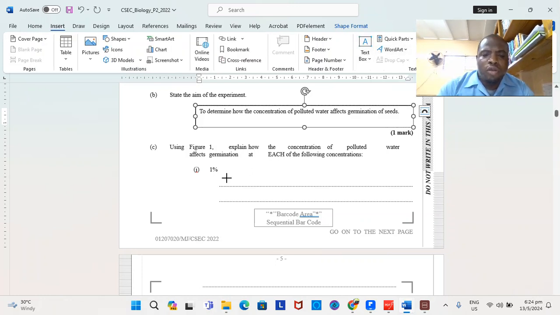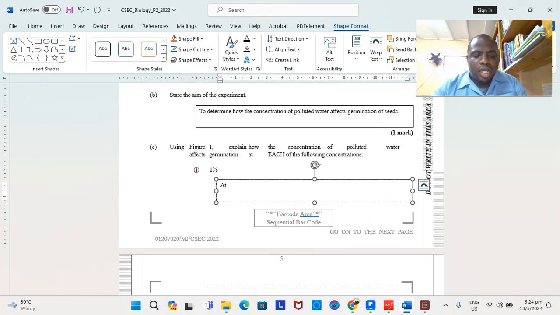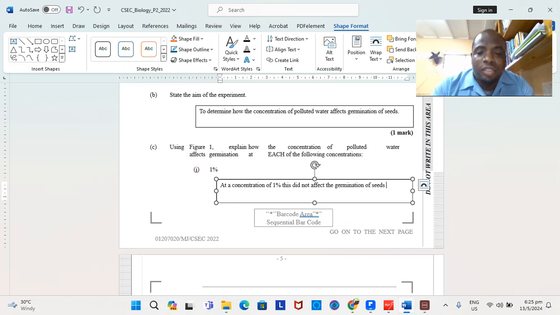No. So the 1% concentration did not affect the germination of seeds. If you want to rephrase it, it didn't have any effect, or it didn't prevent the germination of the seeds.